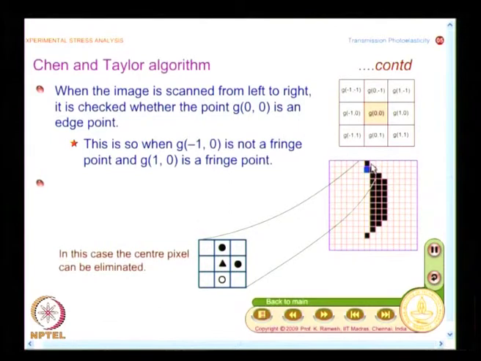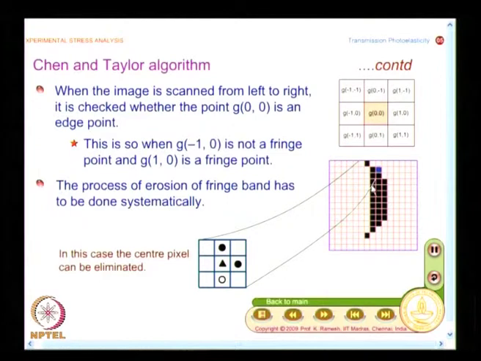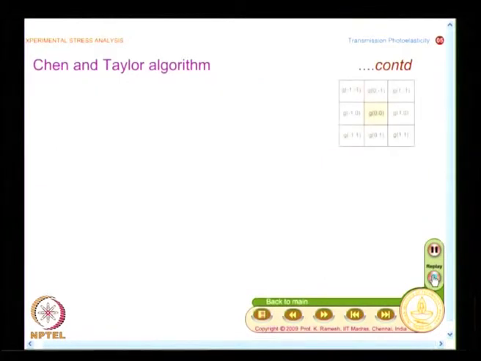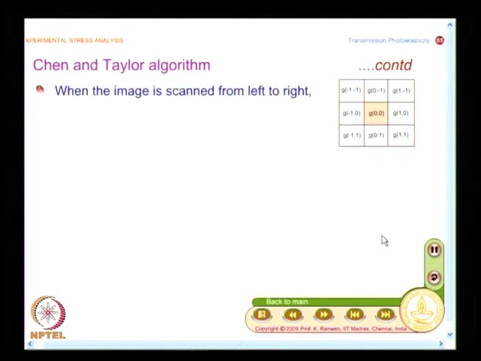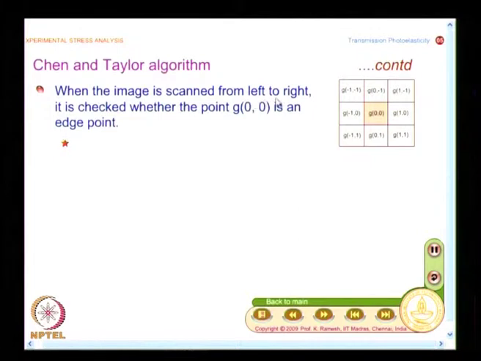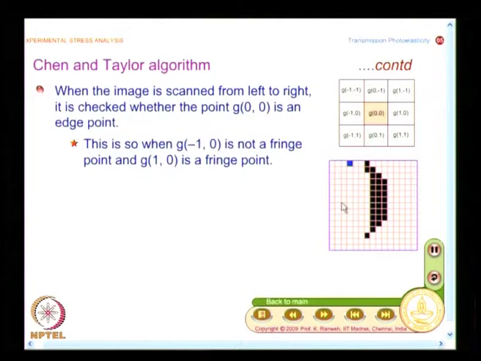And I have shown a typical fringe where it has a different kind of thickness, and the blue pixel repeats that scanning process, and I will redo the animation, then you can have a look at it. So, we are scanning the image from left to right, we want to find out whether z0,0 is to be eliminated.